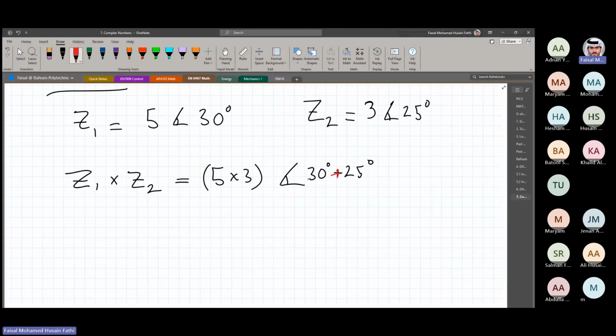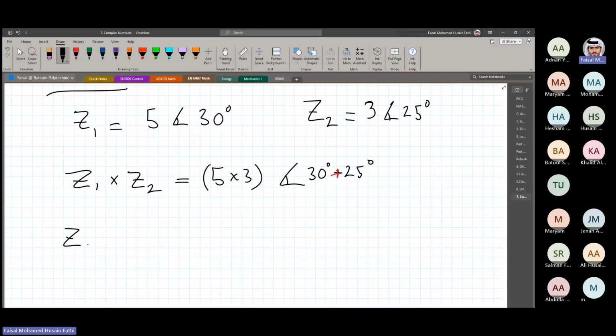Okay? So the multiplication means addition for the angles. Same exact concepts if you remember in powers. When you have an exponent, a power of 3 and multiplication, you do the same idea. Exactly the same thing. Here for the magnitude you are multiplying directly, but for the angles you will be adding.